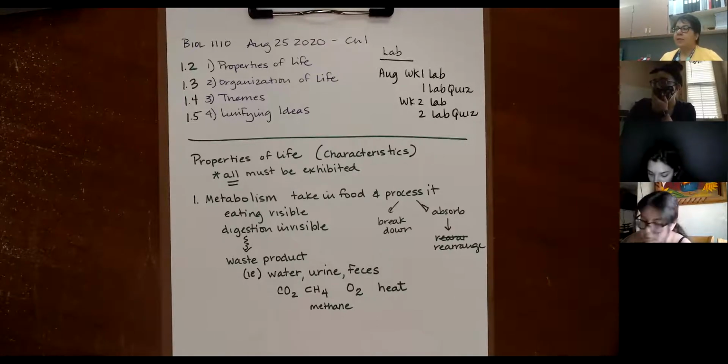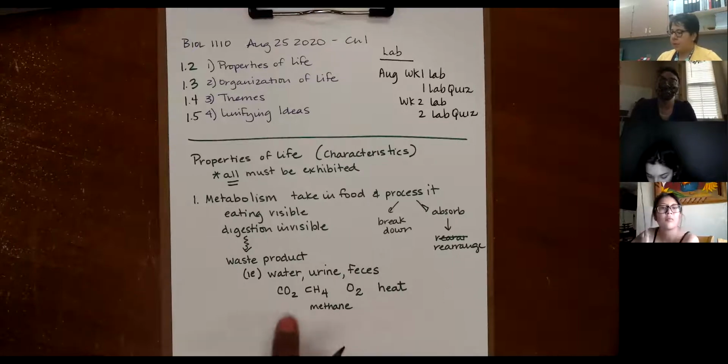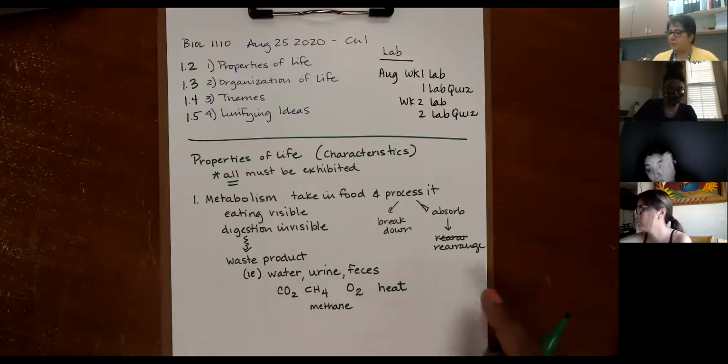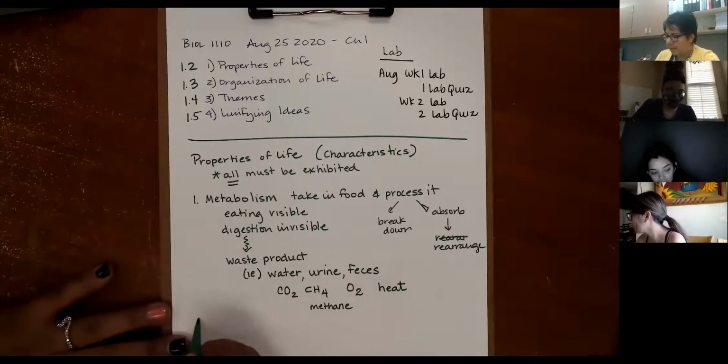So if something is undergoing digestion and absorption, and if it's rearranging things inside of it, then these are going to be produced. So even if you can't see something digesting, you know that it's digesting because of the waste product that it's produced. So living things have to take in some food, they have to process it, and they're going to give off a waste product as part of that metabolic activity. Okay.